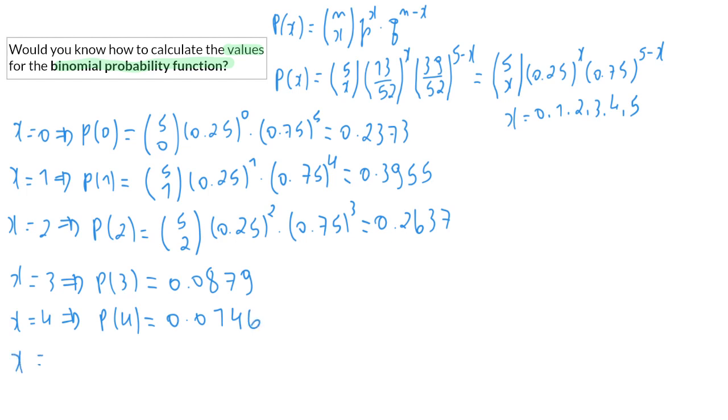The last one, X equals 5, implies the probability of 5 equals 0.001. Note that if we add all these probabilities together, we have 1. Is this expected? Yes, it is. We always have the sum of all probabilities equals 1.